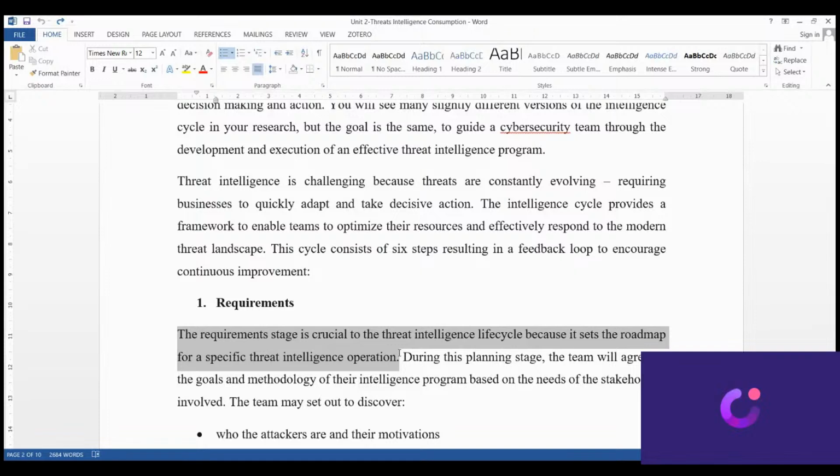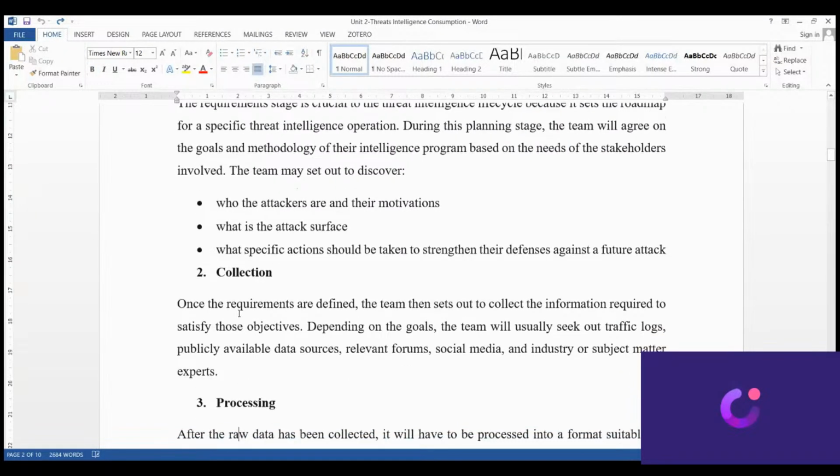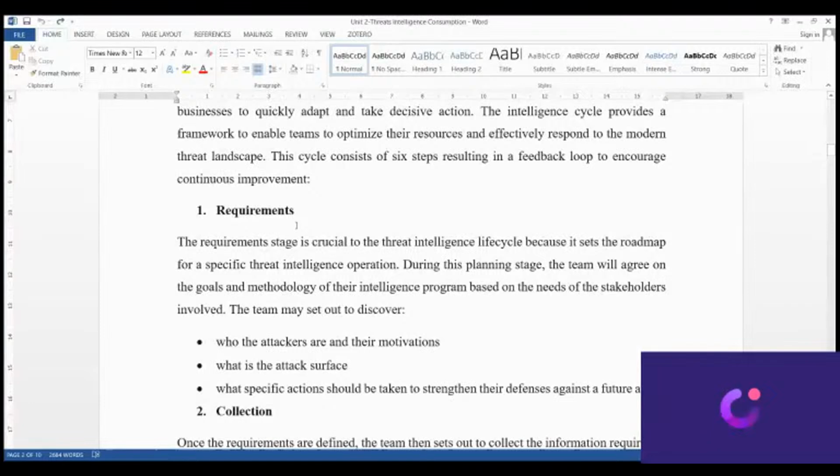During this planning stage, the team may set out to discover quite a lot. One such thing is who the attackers are and their motivation, and what the attack surface is against future attacks. That is the requirements aspect.